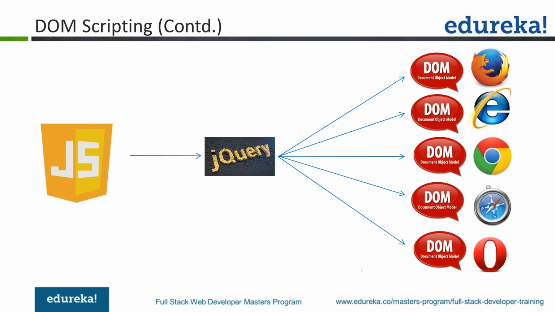Think of jQuery like a manager who knows each of the workers. If these are my friends, he knows the behavior of each and every friend. He knows Firefox requires more directions than Chrome, or Chrome is a bit slower than Internet Explorer, or Internet Explorer needs to be given the instructions slowly. Now, these are not the actual differences, I'm just giving you an example.